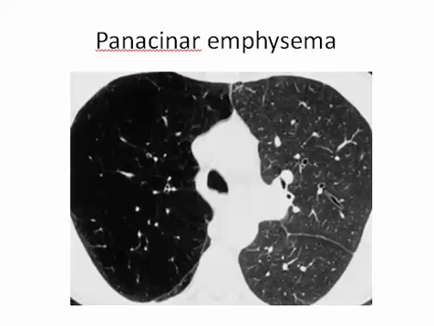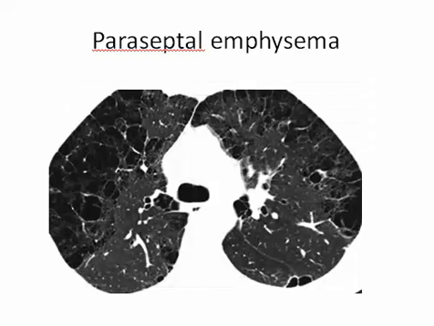very wide spread translucencies with sometimes bronchiectasis. Here we can say that this is the paraseptal.